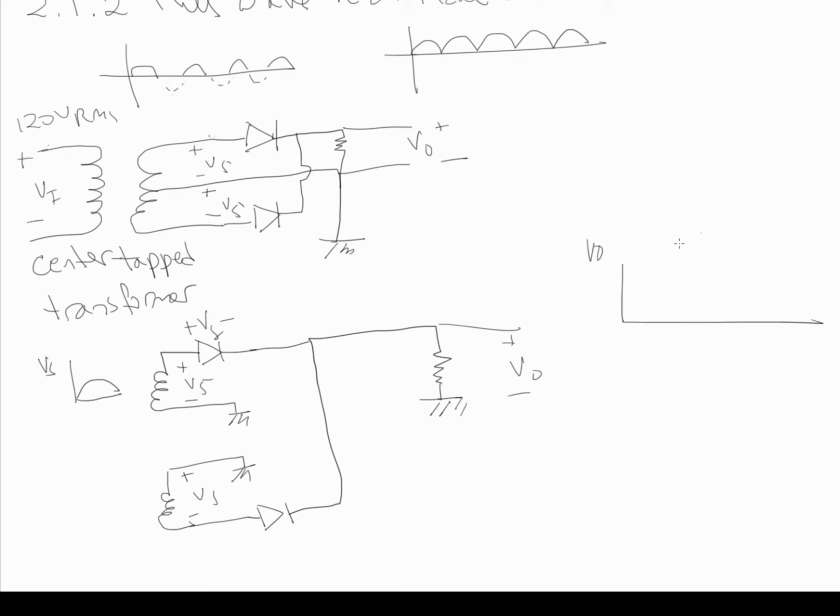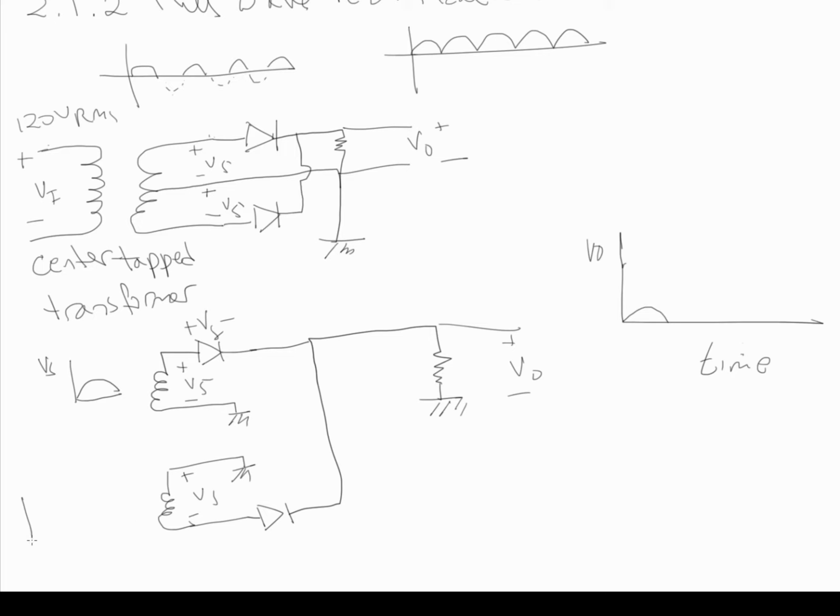I'm going to draw this: this is time, this is our V out, this is Vs, and this is time on that axis. So we get a peak, just like we did on the half-wave rectification.